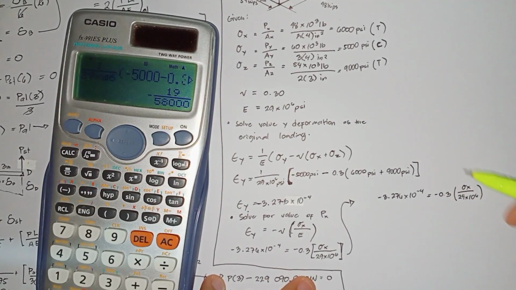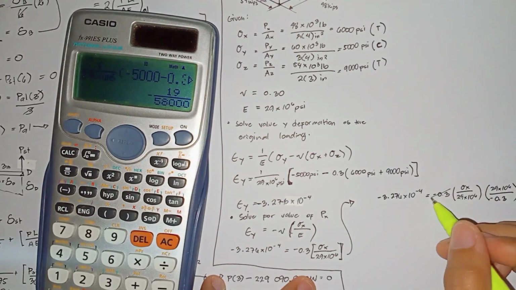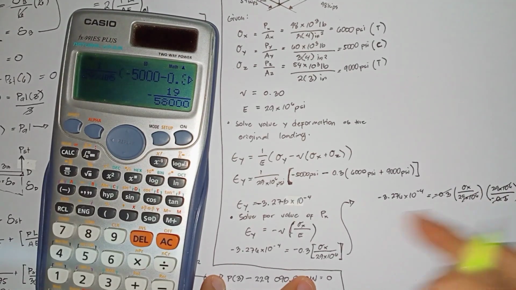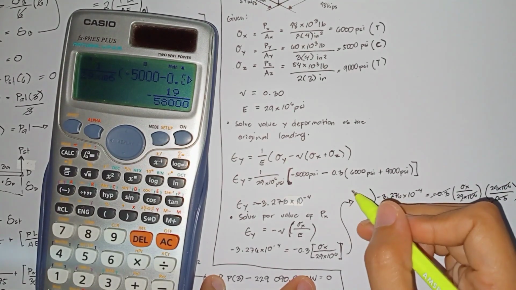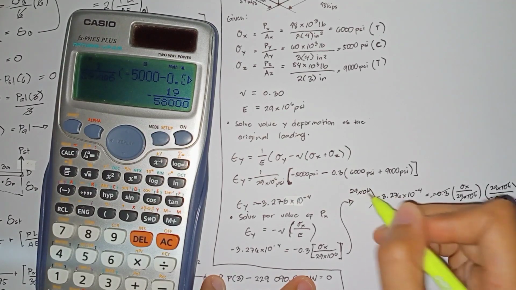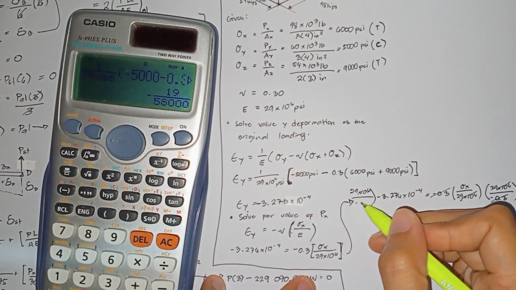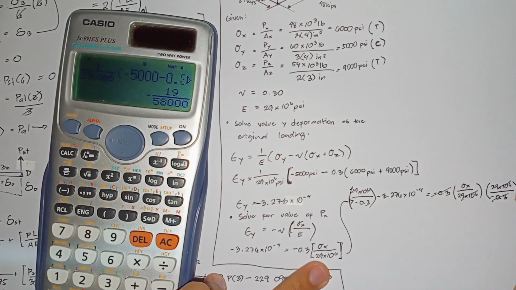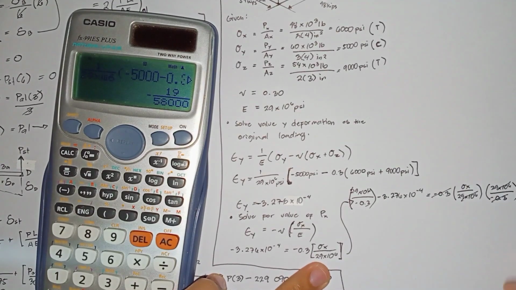So, ang gagawin natin dyan, para maiwan lang is si stress, magmo-multiply tayo ng 29 times 10 raised to 6 all over negative 0.3. Para ma-cancel natin to, cancel yan, maiwan lang ito. Kung anong minultiply natin dito, dapat same lang din sila sa kabila.